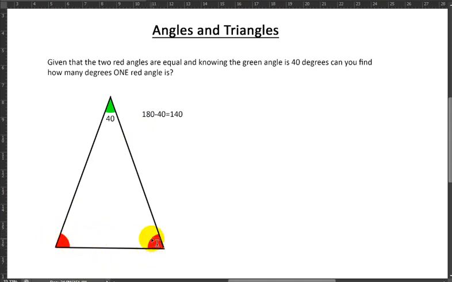Now, knowing that they are equal means that each of these is the half of 140. So I could find the half of 140 by either doing 140 divided by 2 or just by saying half of 14 is 7, so half of 140 is 70. And indeed, here, if you do 70 and 70, that makes 140, plus 40 makes 180.